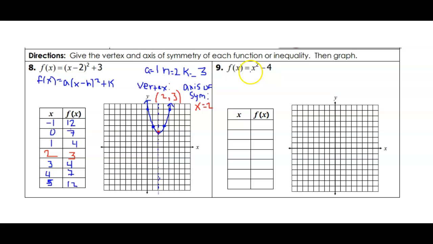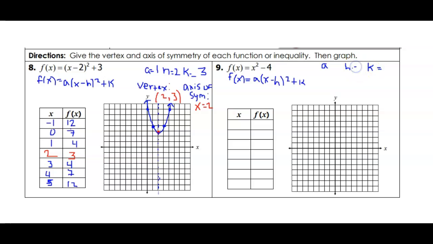The next one, again, I'll remind myself, f of x is equal to a times the quantity x minus h, quantity squared, plus k. I am going to find my a, my h, and my k.